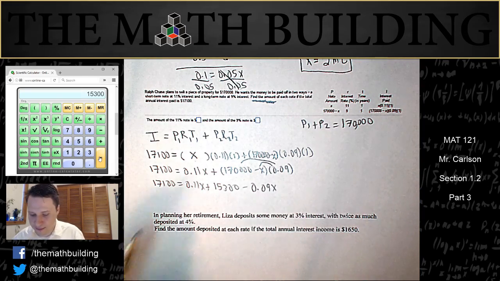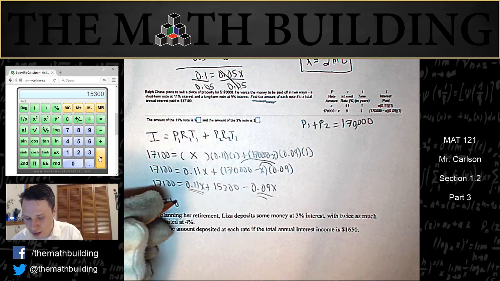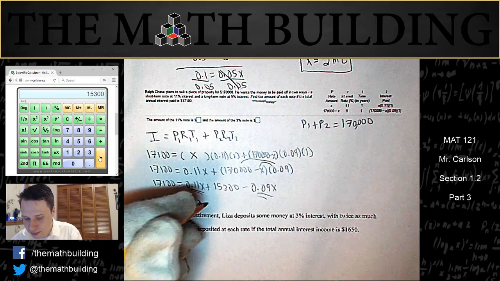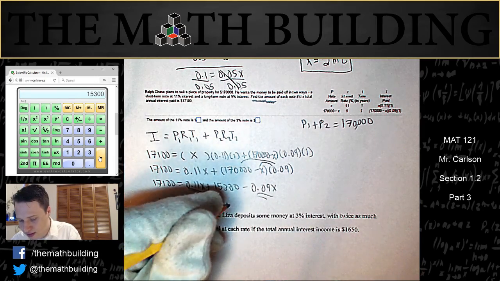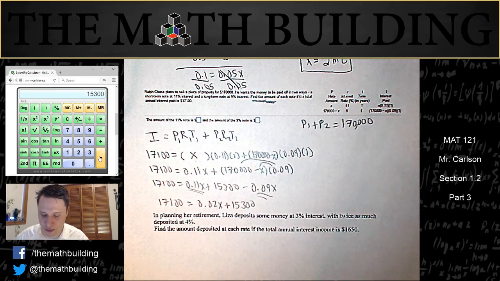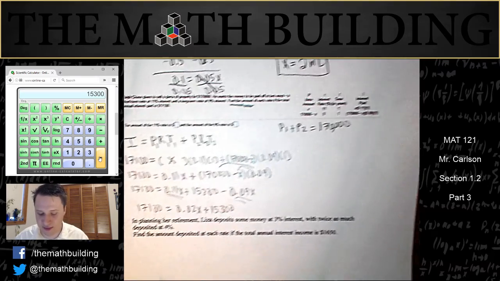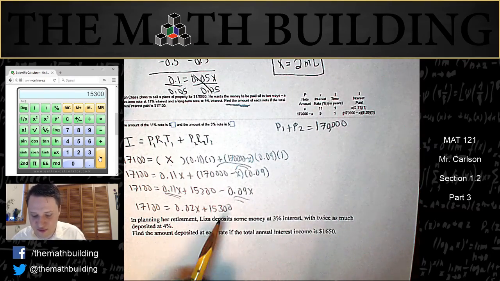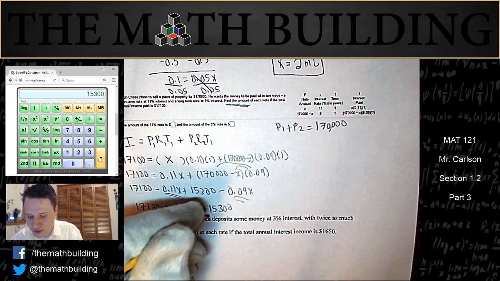So we're almost done. Let's combine like terms. The x's combine, so 17100 is equal to 0.02x plus 15,300. And hopefully by now you've done enough equation practice that this part's just autopilot. We want to get x by itself, so let's subtract the 15,300 on both sides.